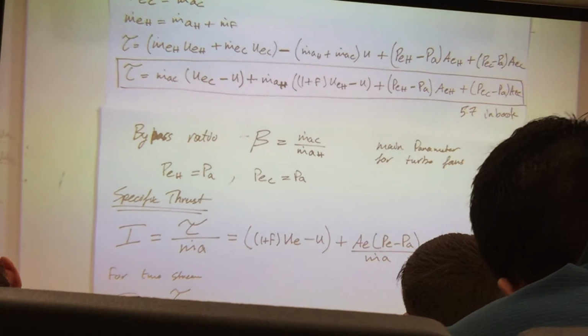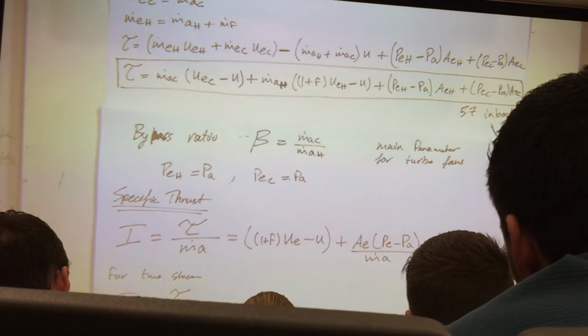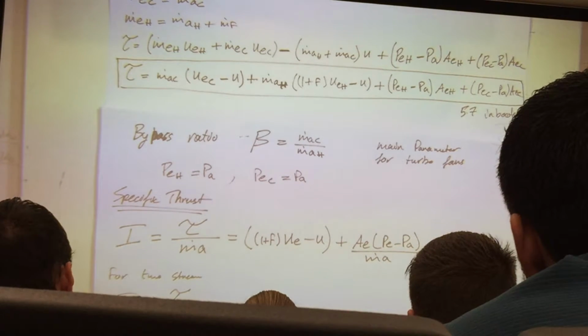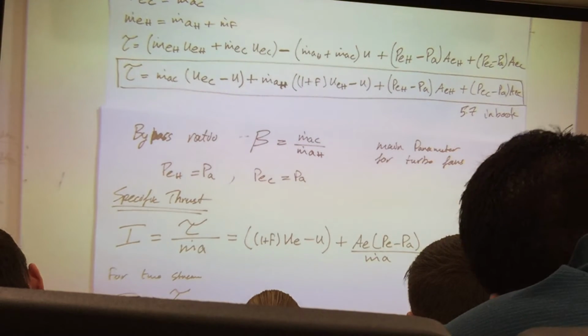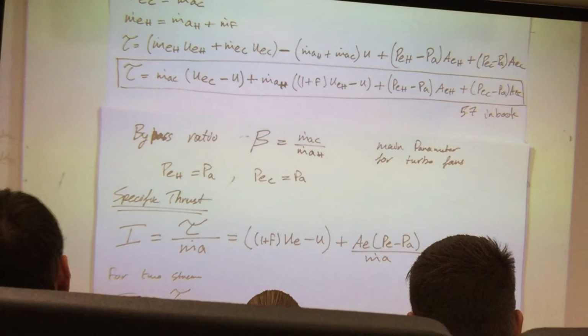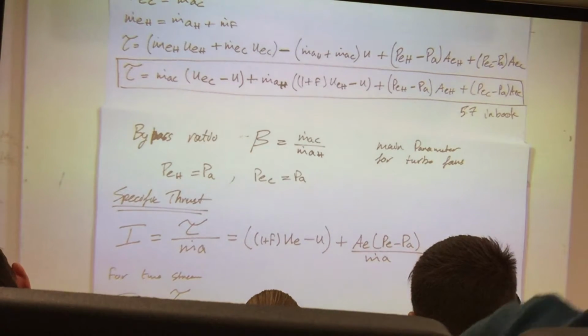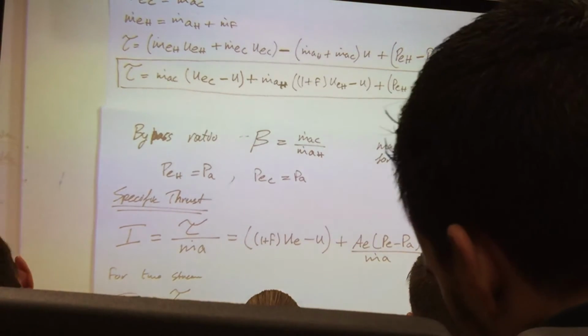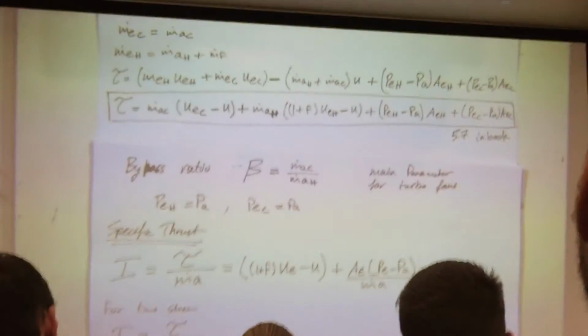But m dot A is the summation of the multiple mass flows that I have. Now, multiple mass flows, you realize if I divide by my total mass flow, in certain scenarios, I can substitute it in terms of beta. And that's what I can get as an equation there.